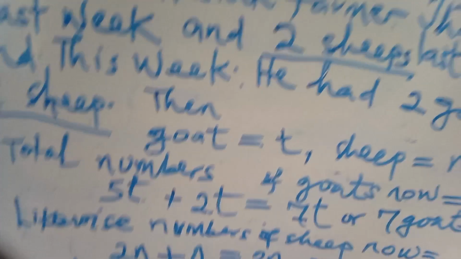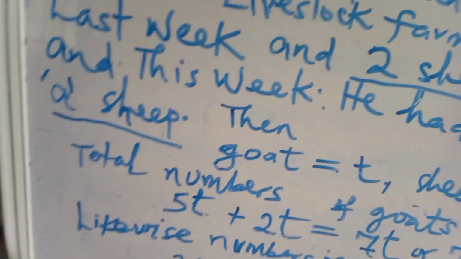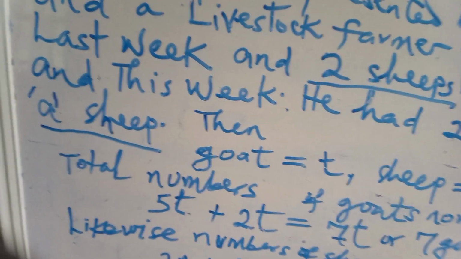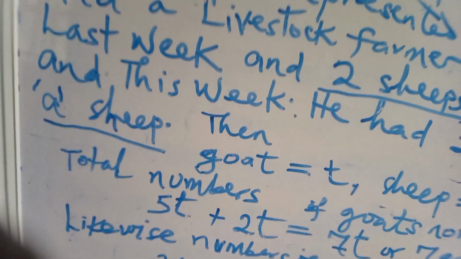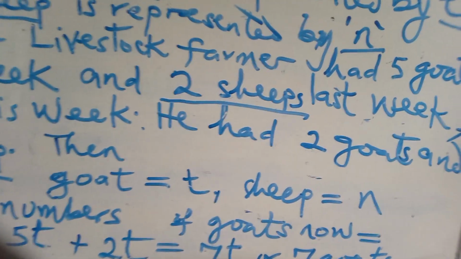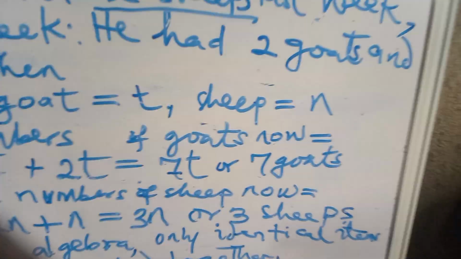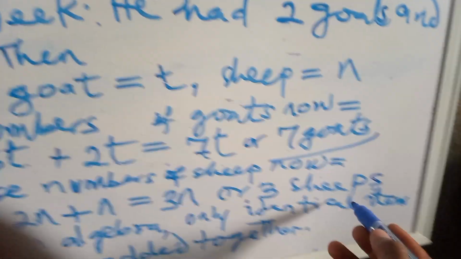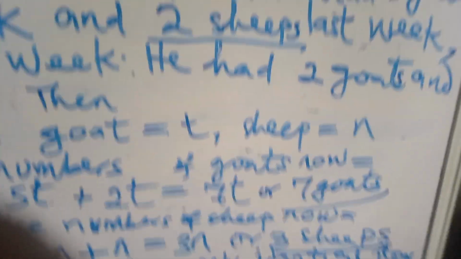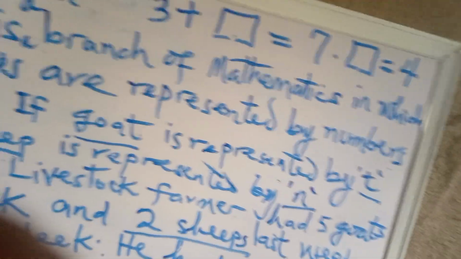If a question comes up asking how many animals are in the yard of the farmer, you have to state that we have 7 goats and 3 sheep, categorically. You cannot say 10 animals, because they are not identical, they are not similar.